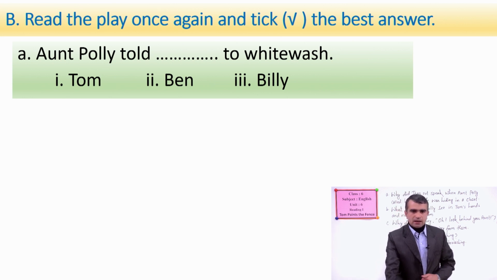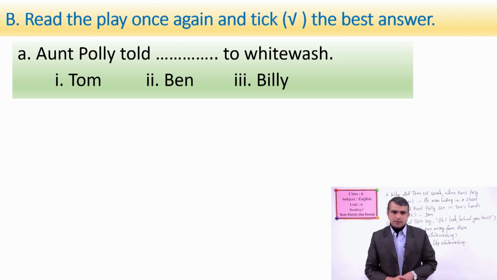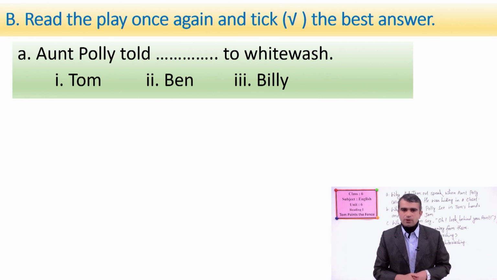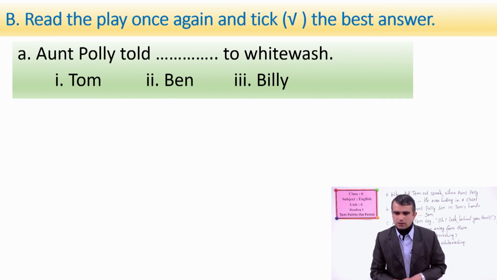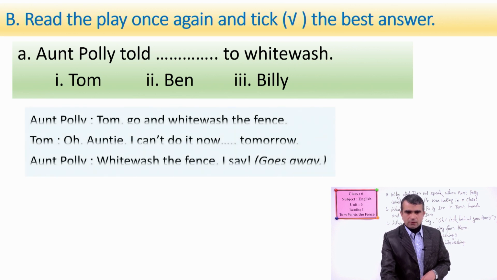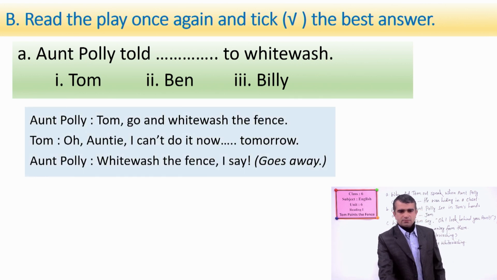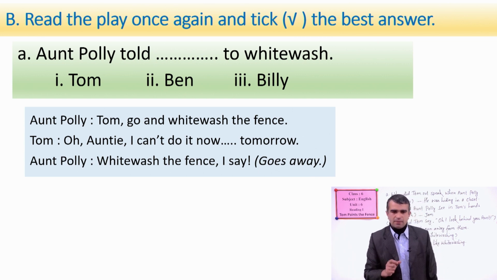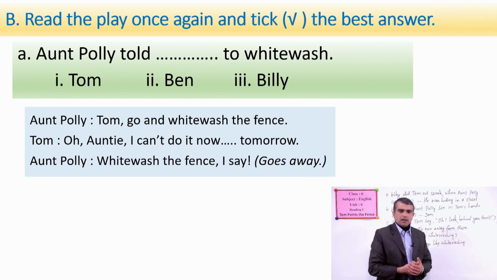Okay. Now here there are three questions. The first one is Aunt Polly told ... to whitewash. Okay. Now you can find the answer to this part in that drama. Aunt Polly says something, Tom says something, and Aunt Polly says something is given here, isn't it?